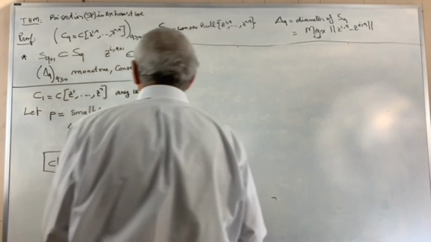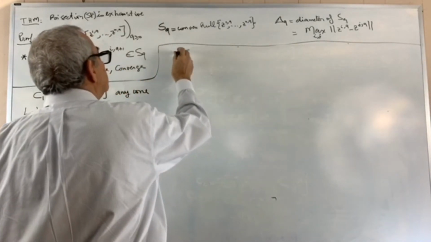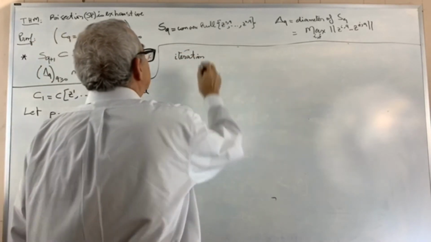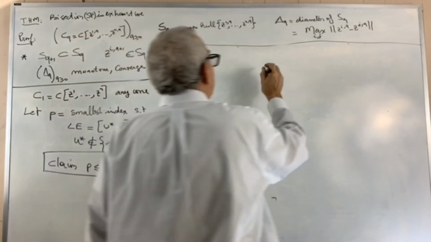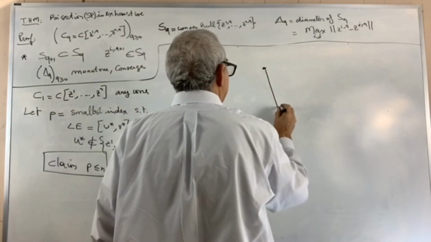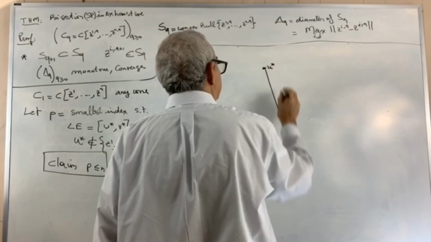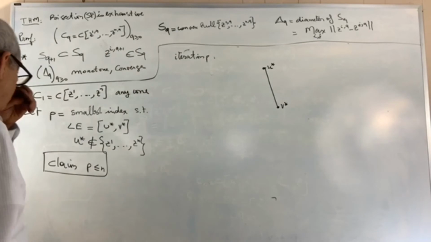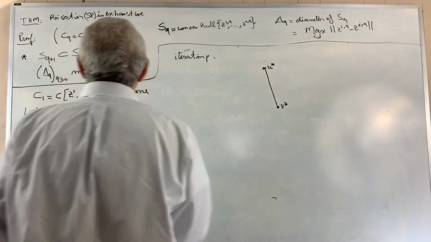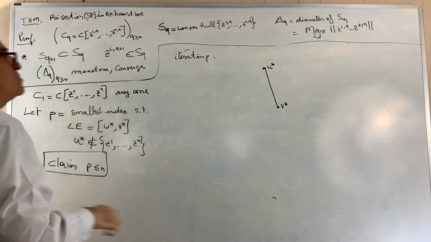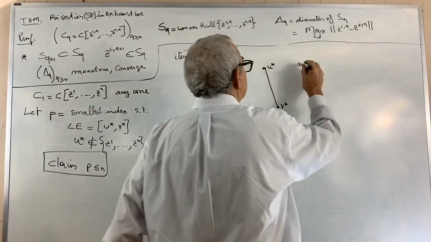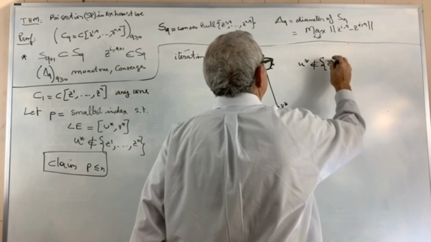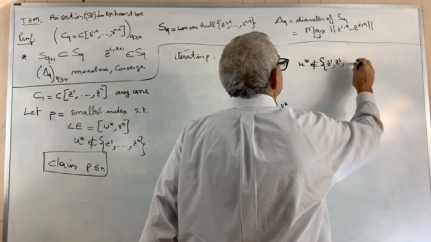So at iteration p, I have my longest edge, u star, v star. This is my longest edge at iteration p. And u star is not among these z's, all right? U star does not belong to this set, z1, z2, etc., zn.